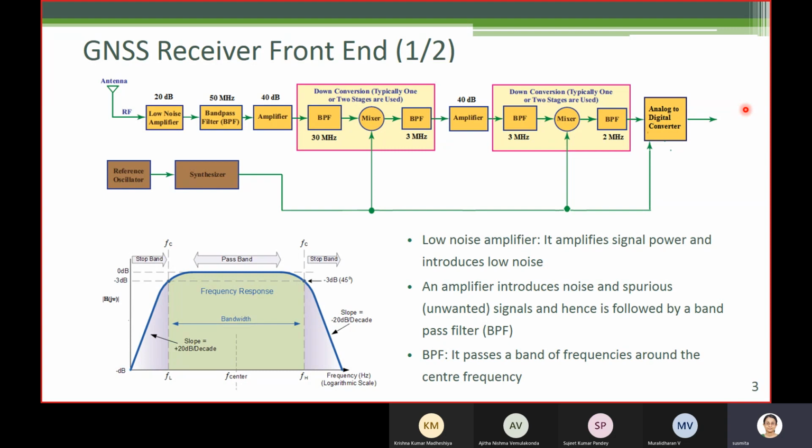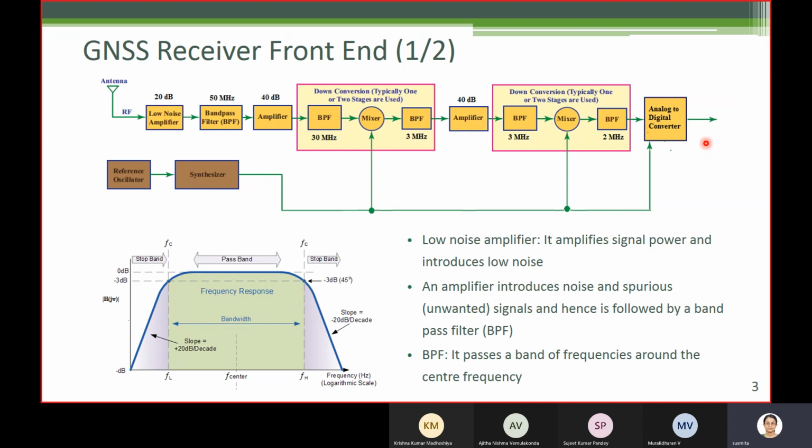First, amplify the power of signal plus noise because the signal is very weak. This power is on the order of 10 to the power minus 14 to minus 20 watts. Without amplifying, the noise level is also low, but the signal is even lower, and no circuit can process such weak signals and noise.